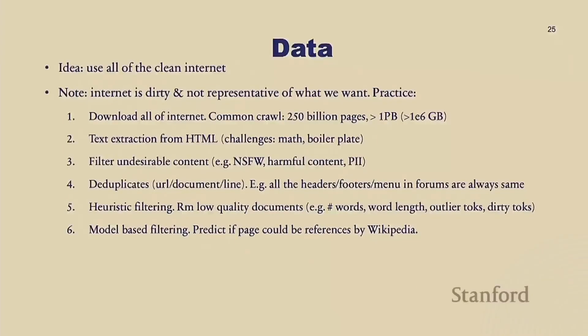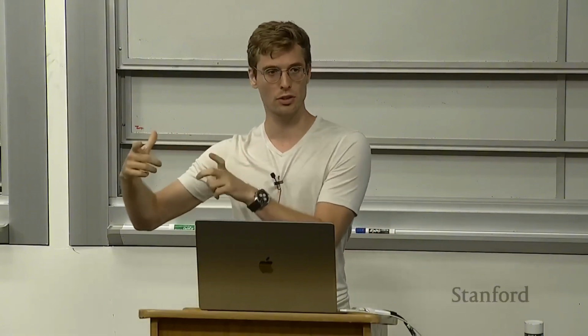Next step, model-based filtering. So once you filtered a lot of data, what you will do, that's actually a very cute trick. You will take all of Wikipedia and you will look at all the links that are linked through Wikipedia pages. Because probably if something is referenced by Wikipedia, it's probably some high quality website. And you will train a classifier to predict whether a document comes from one of these references from Wikipedia or whether it's from the random web.